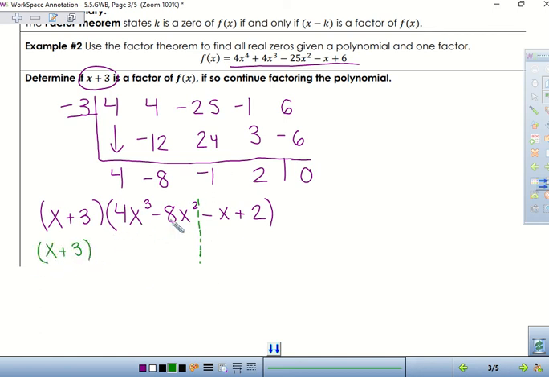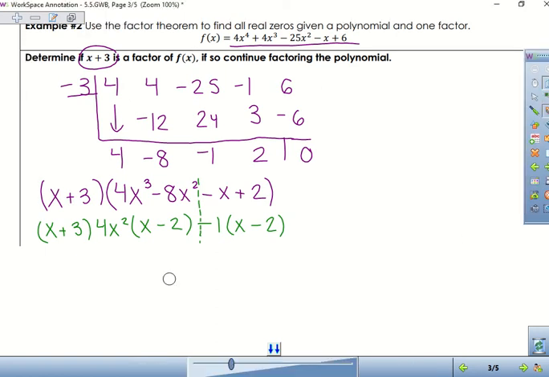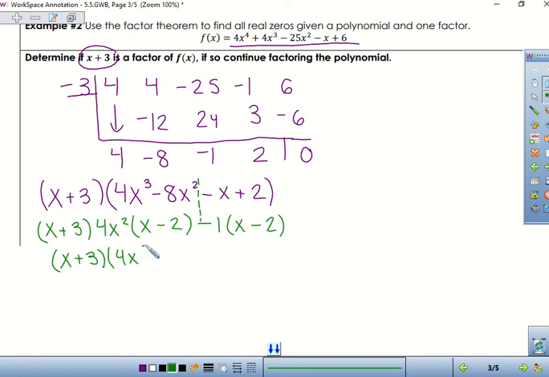So over here, I can take out a 4x squared, which leaves me with x minus 2. And then over here, I can take out a negative 1, which leaves us with negative 1 times x minus 2. And then if you remember, with factor by grouping, the common factor gets grouped together, what's on the outside gets grouped together. And we end up with something like this.